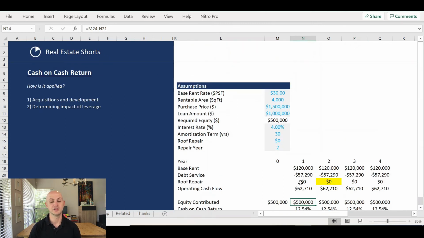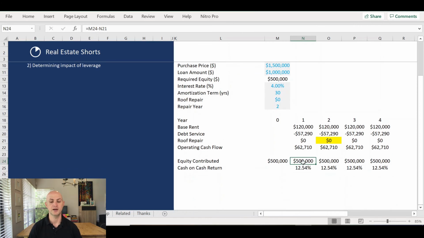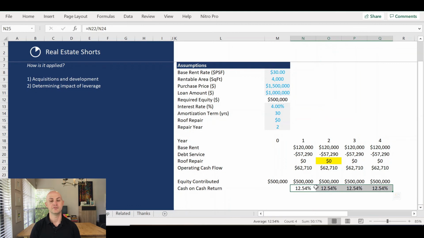So I think in just that vein, how is this applied? Many investors will come out into the marketplace and say they have both a cap rate requirement and a cash on cash requirement, so that they can make sure that at the acquisition stage or the development stage, they're confident that they can meet both the before debt and after debt return requirements, or top of line and below the line return requirements.